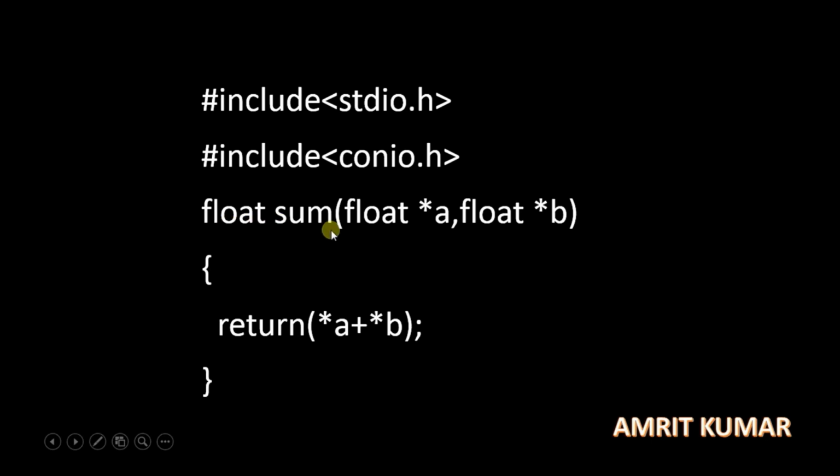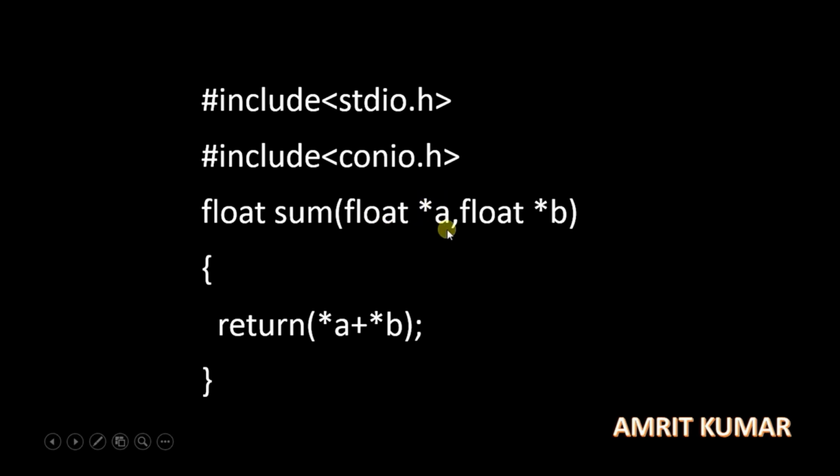After this, because this is a sum function, I have used two parameters here: float asterisk a and float asterisk b.